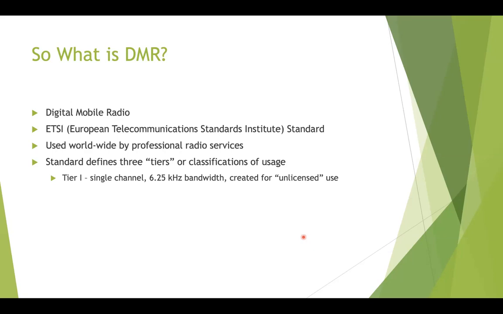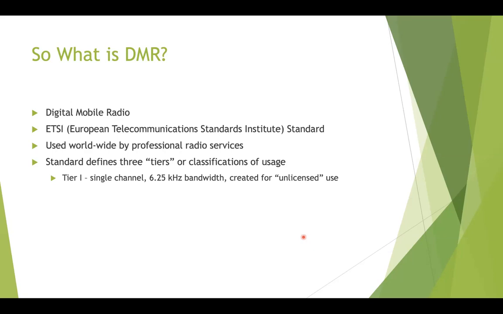I thought it was 25. That is what I believe as well. The wide FM signal is about 25 kilohertz. So this single channel for tier 1 is using 6.25 kilohertz. That's like 1/4 of what an analog FM signal would be using.